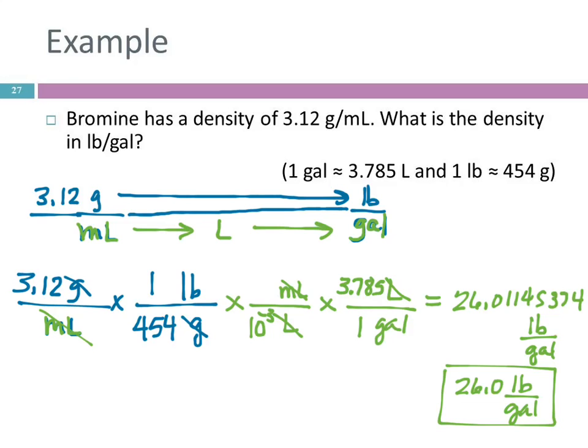Yes? For instance, do we just have to put the number answer, or do we have to make a sentence out of it, like 26.0 pounds per gallon? That's a good question. This is chemistry, not English class. So I just want to see the number with the unit, and especially, sometimes things get kind of messy here and it's not really obvious what our final answer is.